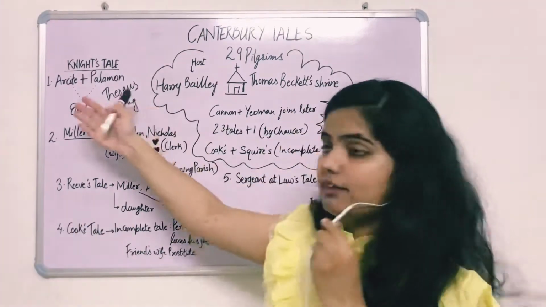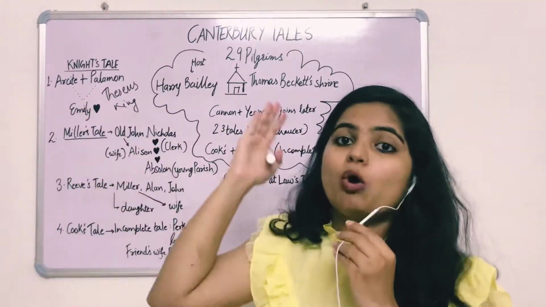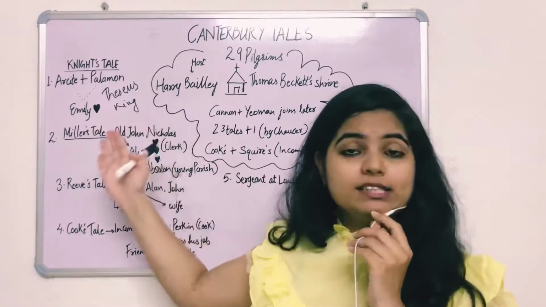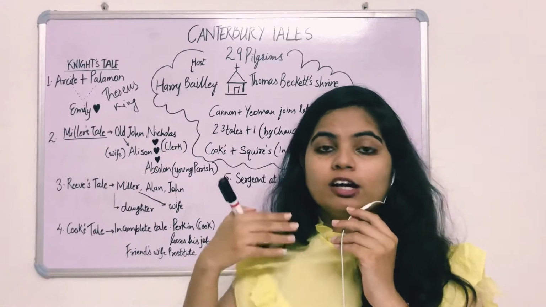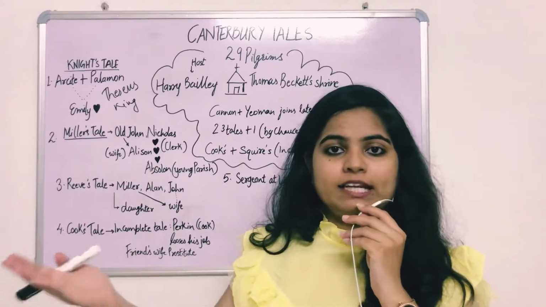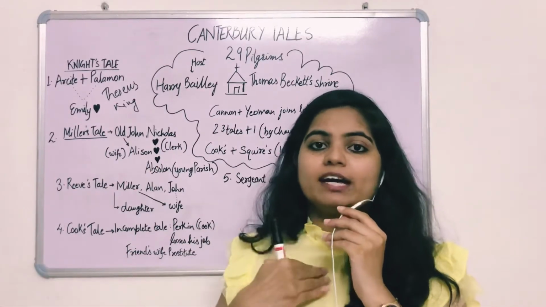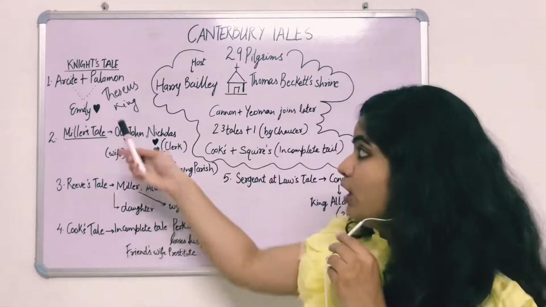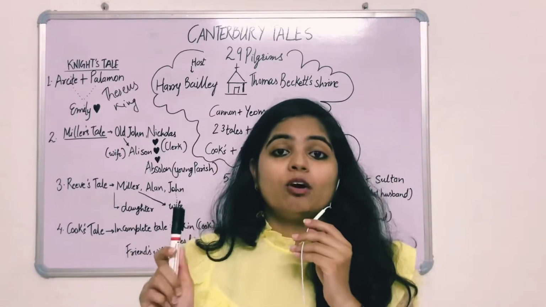So they are having a duel, and to stop them from fighting, King Theseus starts a contest between them, telling them that he will give Emily's hand to the person who wins this war. So our side invokes the Lord of War.